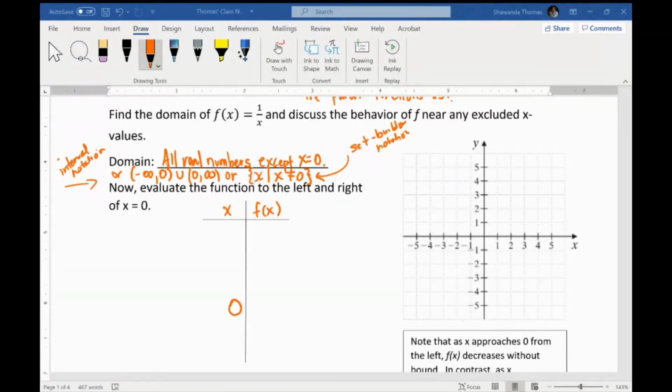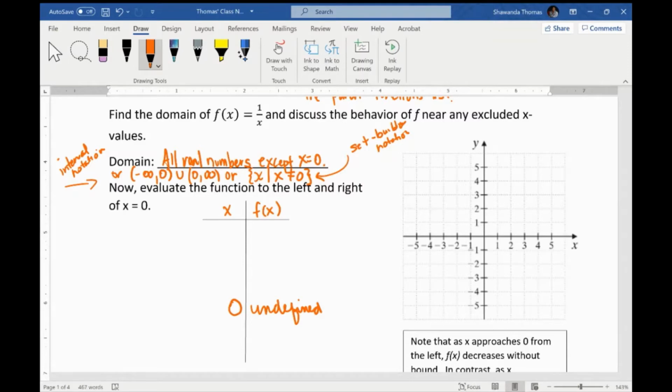Alicia, what happens if we plug in 0 to this function? No, if we plug in 0 right here, it's undefined. Remember, 0 under the line is undefined.